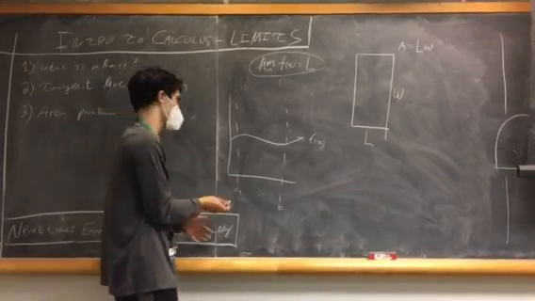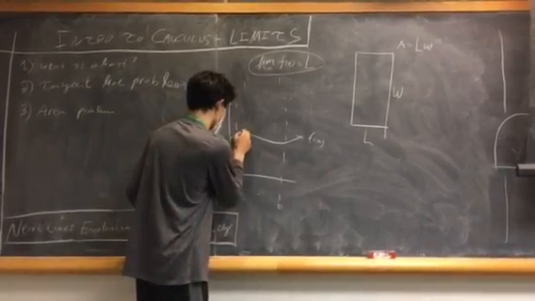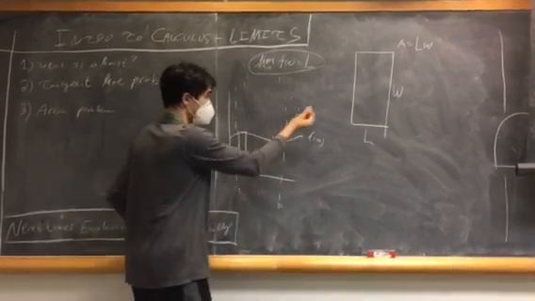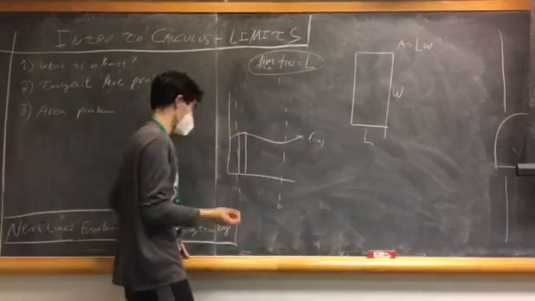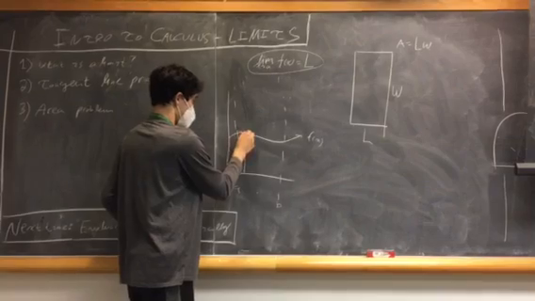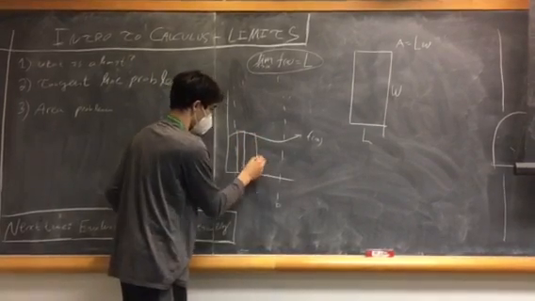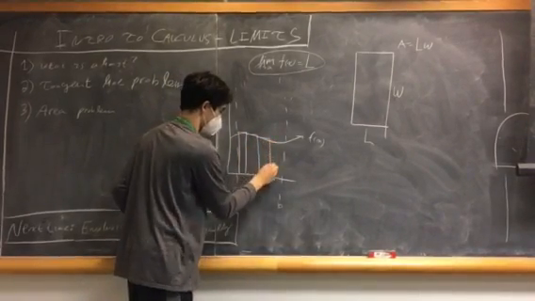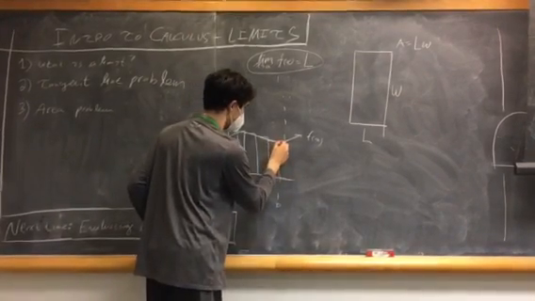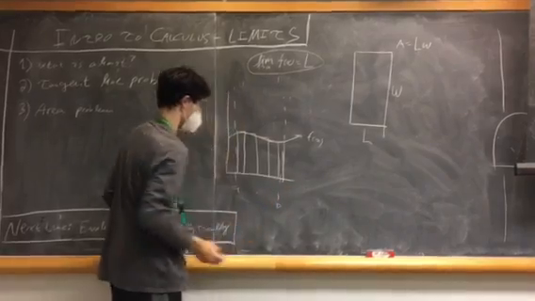But we can approximate the area by drawing a rectangle here, which we know how to take the area of from algebra. And we can draw another little rectangle here, another little rectangle here, another little rectangle here, another one here.